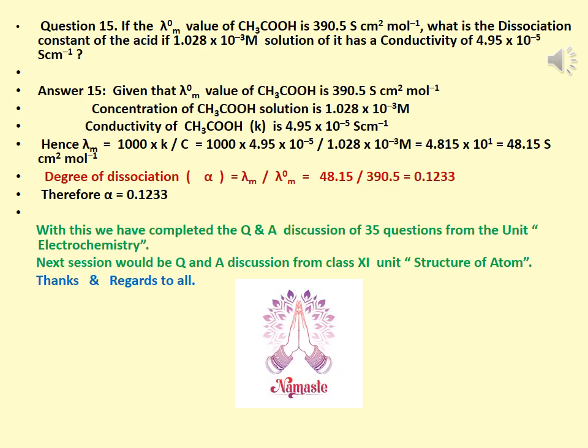So, lambda m value is 48.15 divided by lambda naught m, see the large value, 390.5, which is equal to the fraction 0.1233. So alpha is 0.1233. That is the extent to which the electrolyte CH3COOH is dissociated.